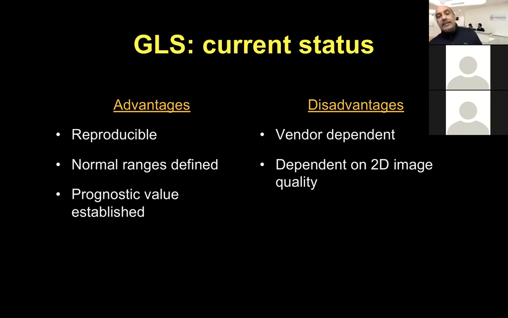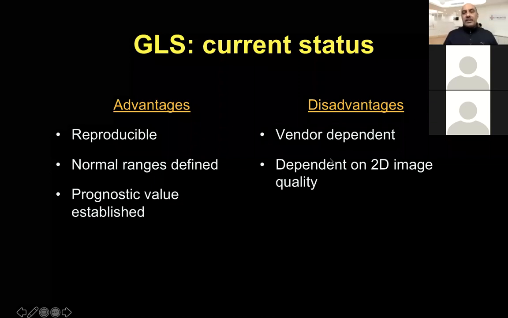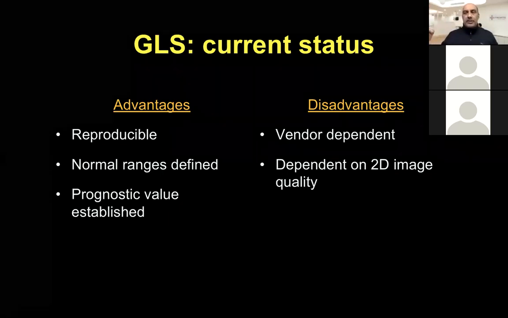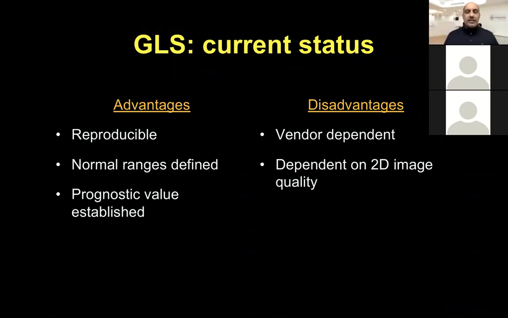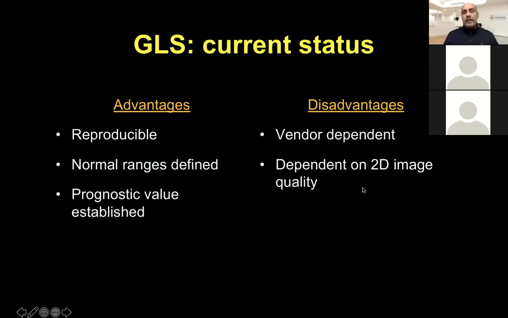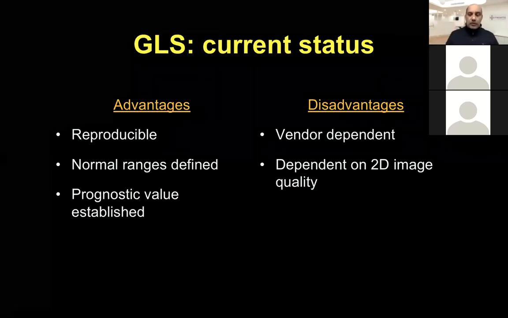So early detection of HFpEF, heart failure with preserved ejection fraction, huge role in oncology services, aortic stenosis, valvular heart diseases, huge role there. The disadvantage is unfortunately vendor dependent, but today there has been an effort to universalize or uniformalize the various systems to give us the uniform readings, and it's still dependent on 2D images. So I say it is garbage in, garbage out. You have to focus on a good image.